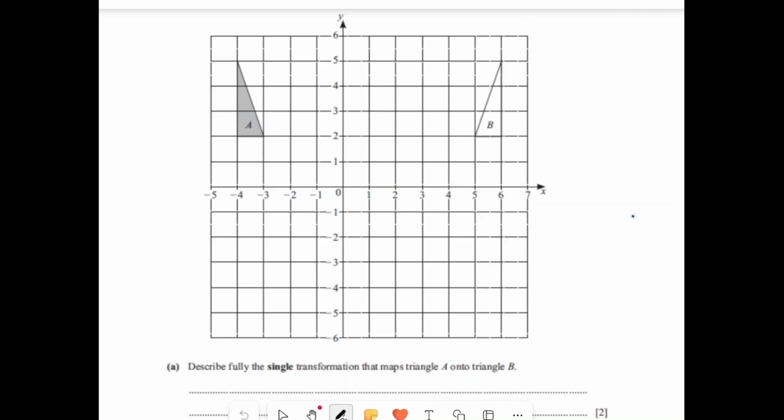Describe fully the single transformation that maps triangle A onto triangle B. We can see triangle A and triangle B are opposite to each other. Okay, it's flipped. So it is a reflection. And for a reflection, we have to check whether it is about the x-axis or y-axis.